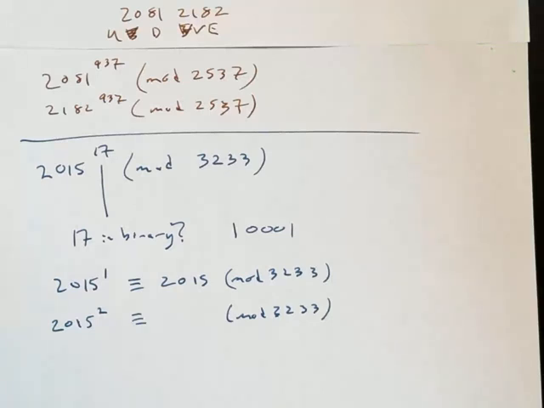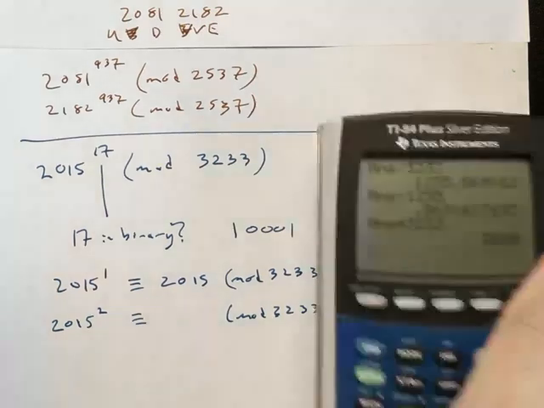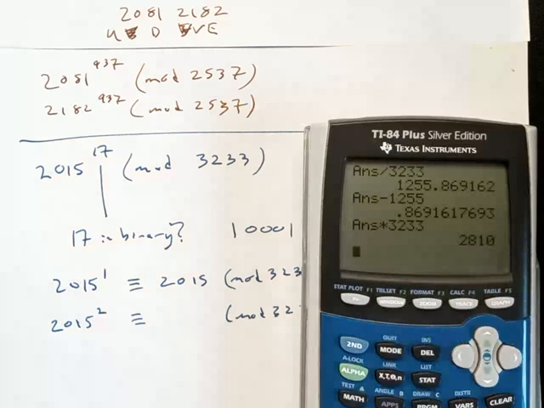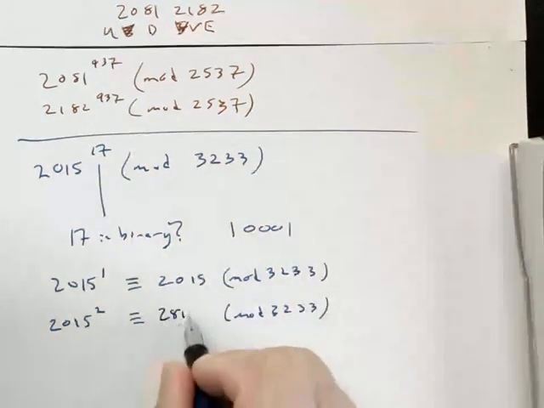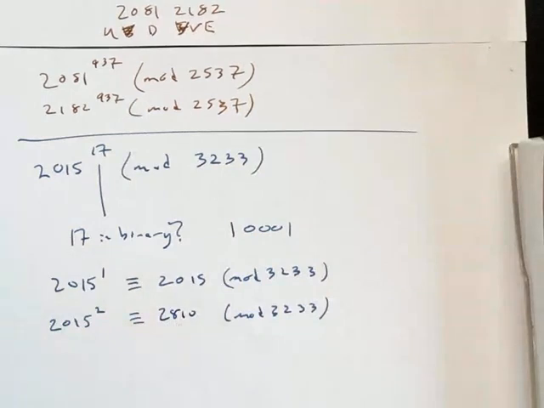That's what I got too. So if I want 2015 to the fourth, that's the same as 2810 squared. So I can square again mod 3233.